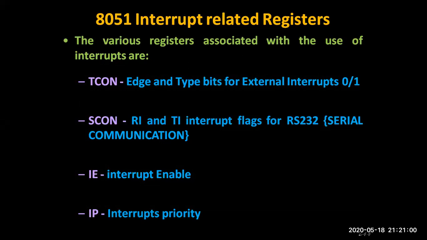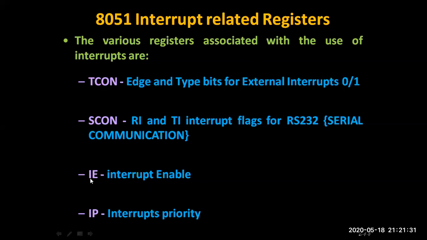Various registers are associated with the use of interrupts. We already saw TCON. In TCON, the higher nibble is related to timer operation, and the lower nibble is related to interrupts, as I told you: the edge and type bits for external interrupt 0 and 1. In SCON, you have the RI and TI interrupt flags for RS-232 serial communication, receive interrupt and transmit interrupt. And this one is the IE, interrupt enable register.